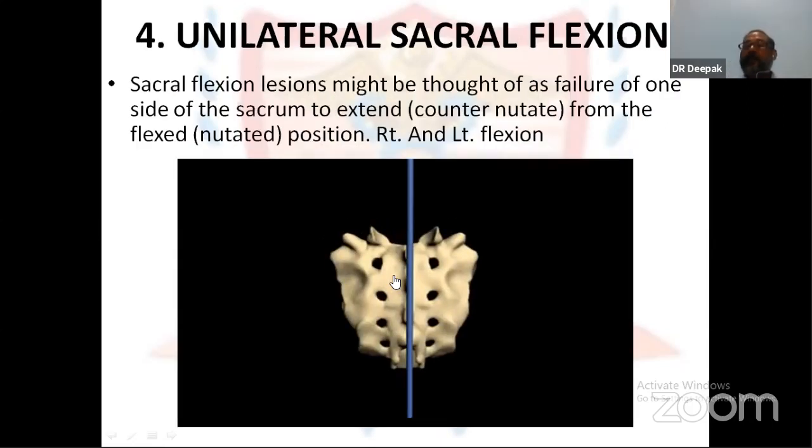Then there is unilateral sacral flexion, in which a sacral flexion lesion might be thought of as a failure of one side of the sacrum to extend and counter-nutate from the fixed position, that is right and left flexion.